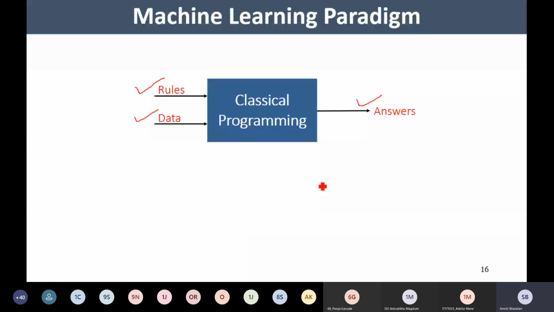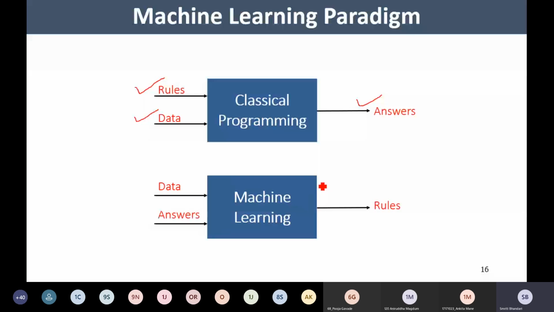So this was related to the classical programming approach. Now we would like to talk about the machine learning approach. In contrast with the classical programming approach, in machine learning we are providing the input.